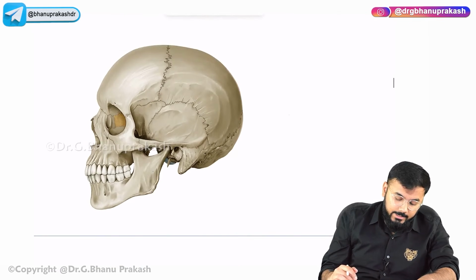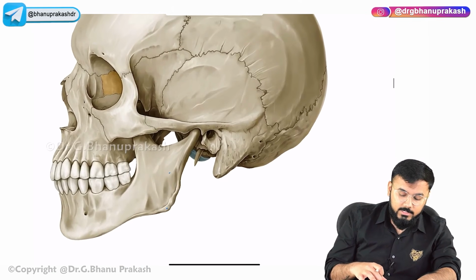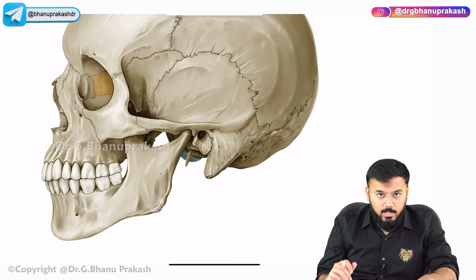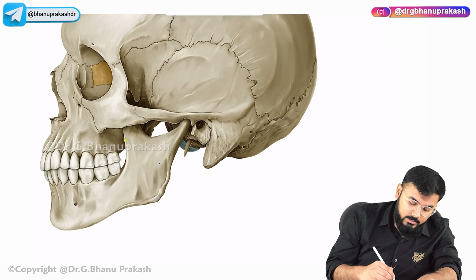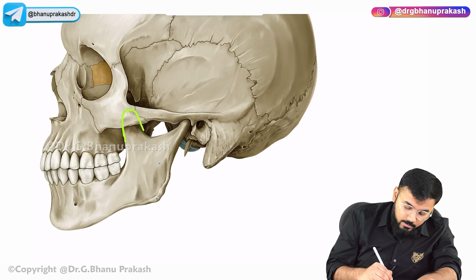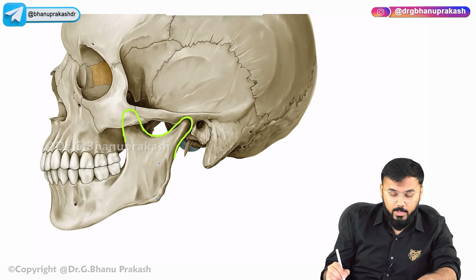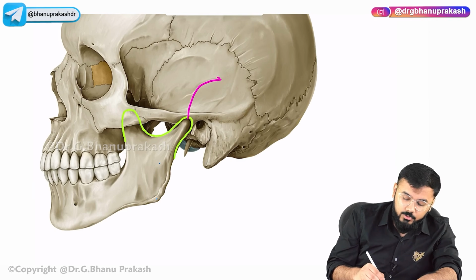Okay, next, down if you go, this is a bone with an attached mandible. Now if you look, the mandible has two important processes. This is one process over here. Posteriorly we have one more process. What is this process which you can see posteriorly?